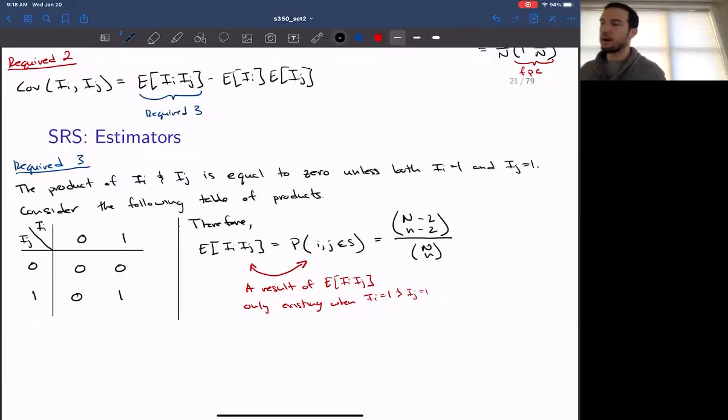I guess if we wanted to be formal about it, I could have written it as 0 times the probability i, j not in the sample, plus 0 times 1 times the probability i is equal to 1 and j is equal to 0, that kind of idea. But basically everything gets canceled out except for the case where both observations are in the sample. So that's why the probability expression here is equivalent to the expected value.